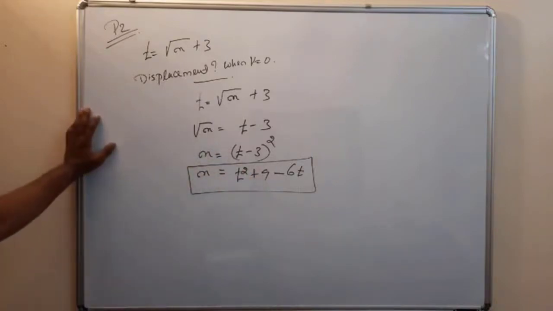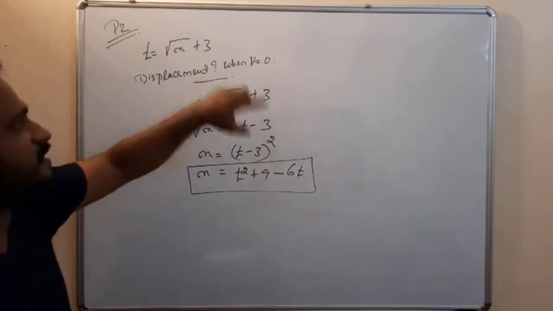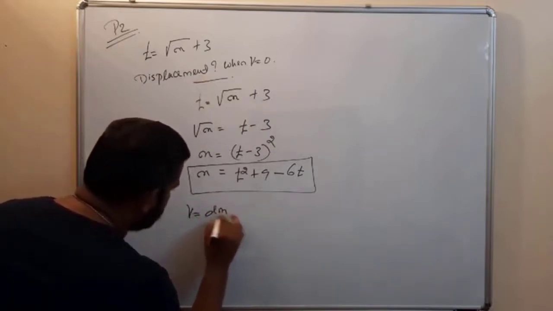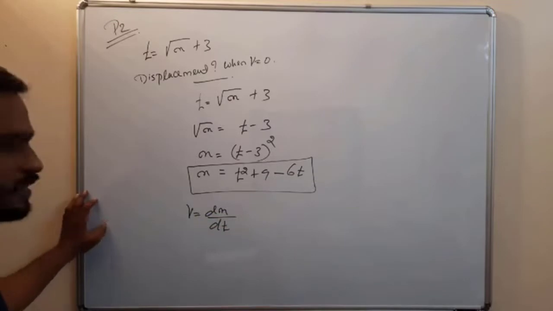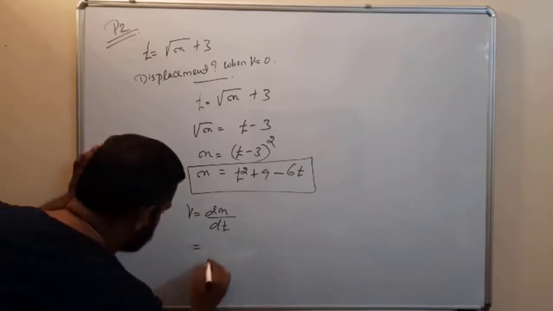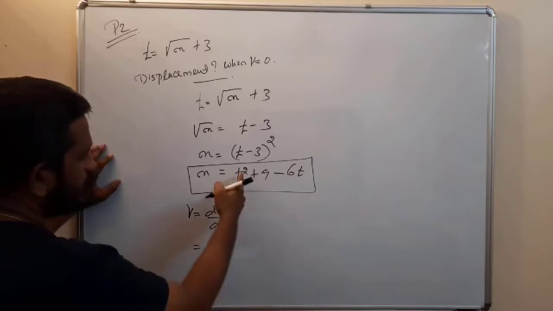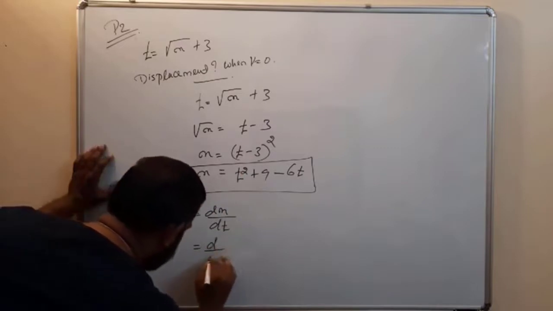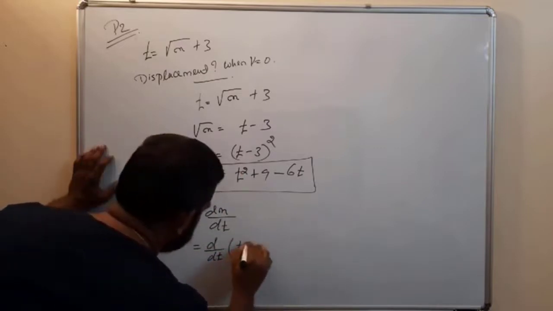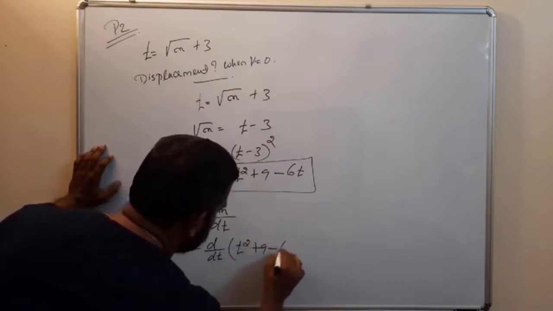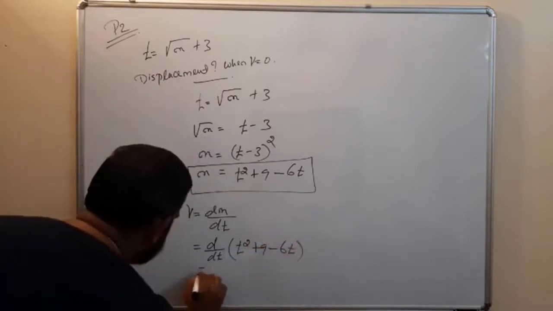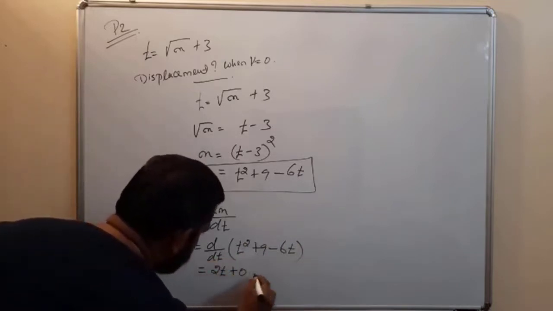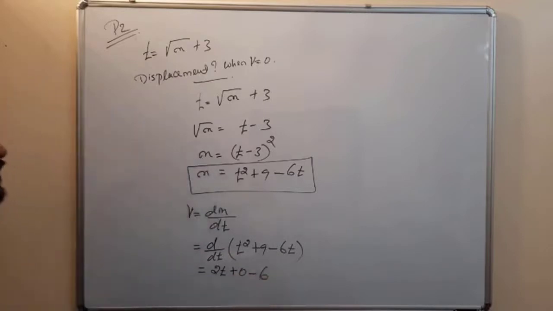We have to find the displacement when velocity is equal to 0. So next we have to find the velocity. v is equal to dx/dt, that is d/dt of t² + 9 − 6t. That's equal to 2t plus 0 minus 6.